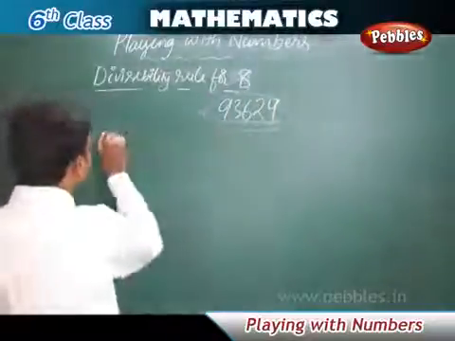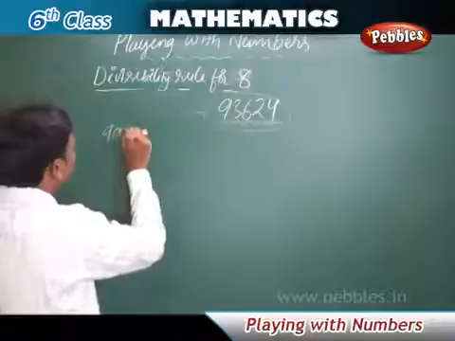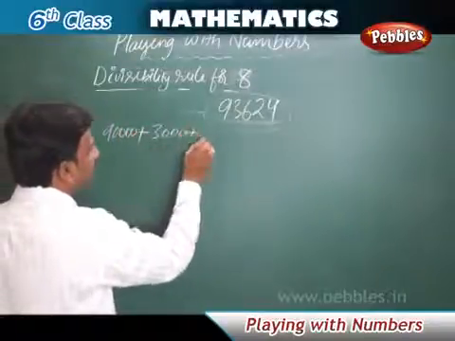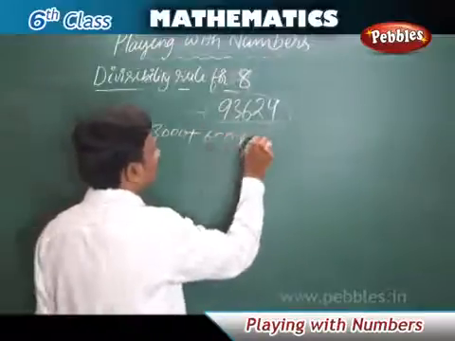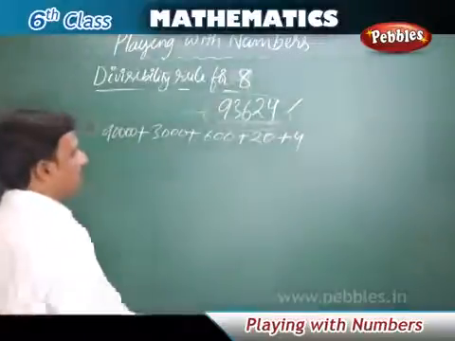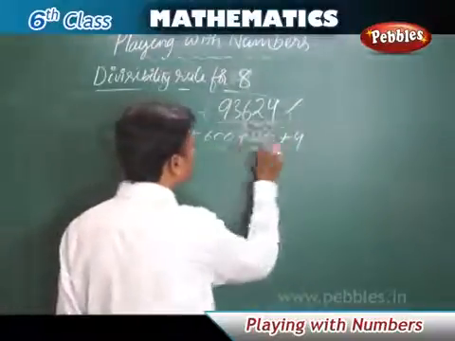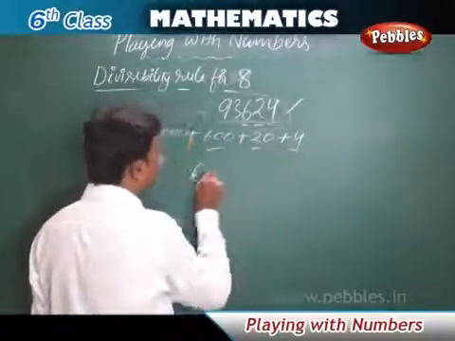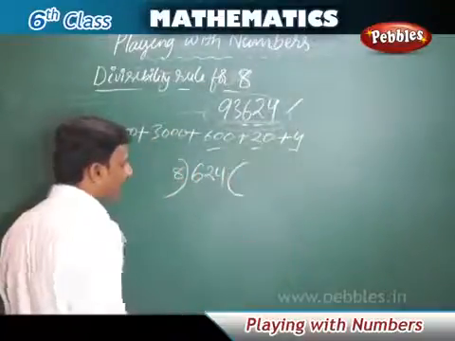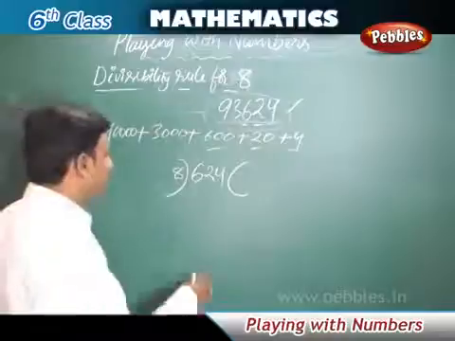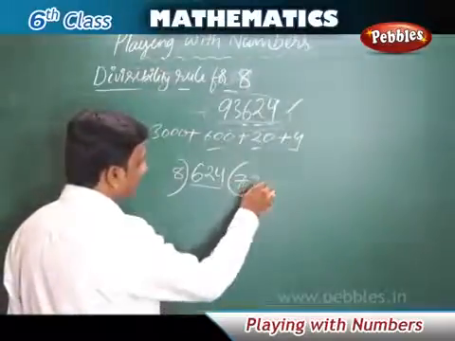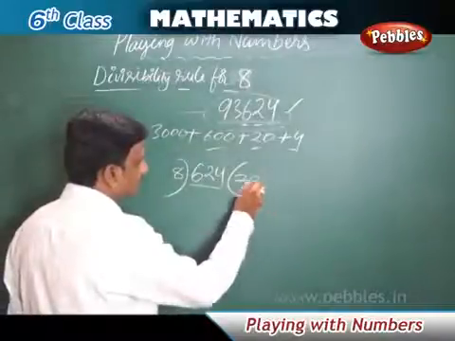Now let us see, this is 90,000 plus 3,000 plus 600 plus 20 plus 4. This is the expanded form of this number. So the last 3 places, hundreds, tens, ones, make 624. Let us check whether this 624 is divisible by 8. 624 is divided by 8, 78 times.